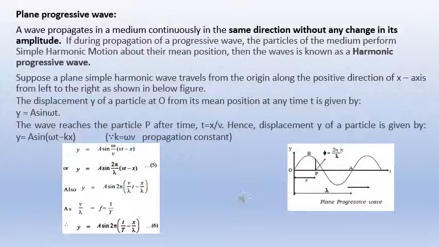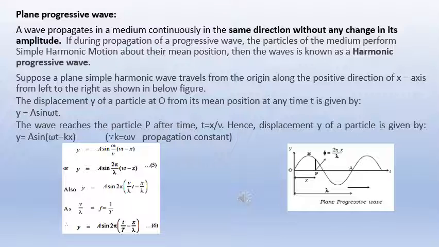Now, if the wave reaches point P on the x-axis at a distance x from O, then the time taken is x/v, and we can write the relation as y = A sin(ωt − kx), where k is known as the propagation constant and its value is ω/v, which is also equal to 2π/λ.